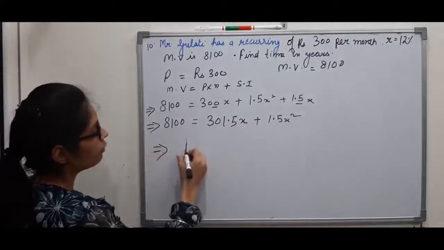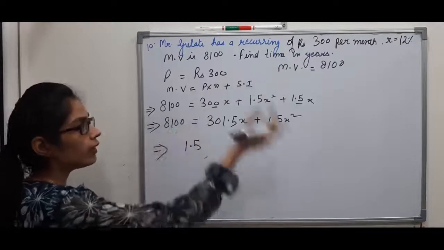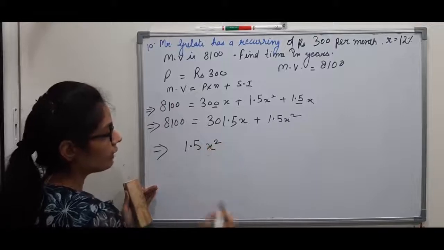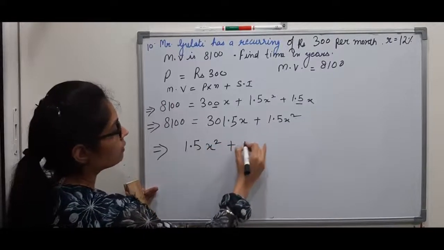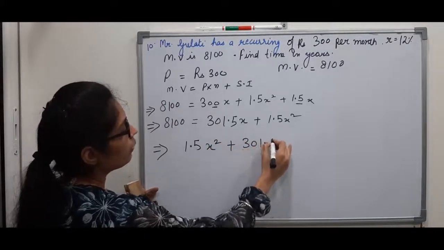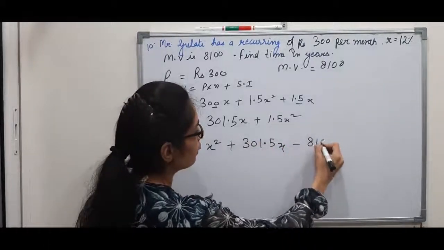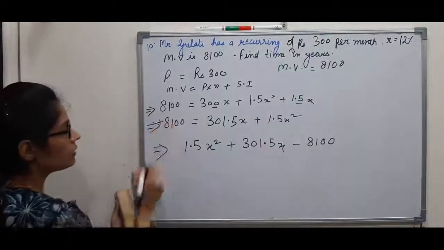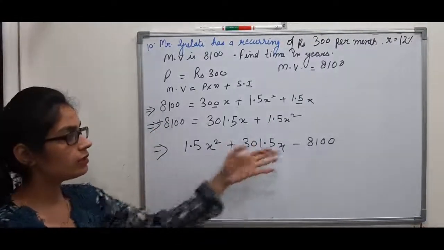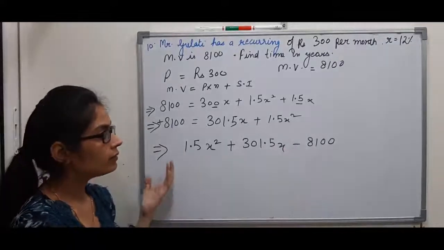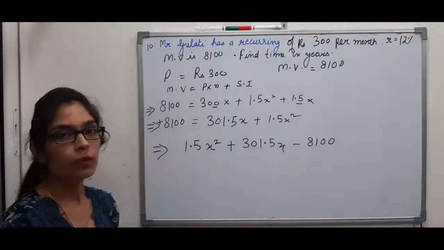Now I will shift all the numbers to one side. I will write it in this form: 1.5x square plus 301.5x, and this 8100 I will shift to that side. It will become minus 8100. Why minus? Because on this side it is plus. On changing the side, it will become a negative number, or I can say plus will be changed into minus on changing the side.